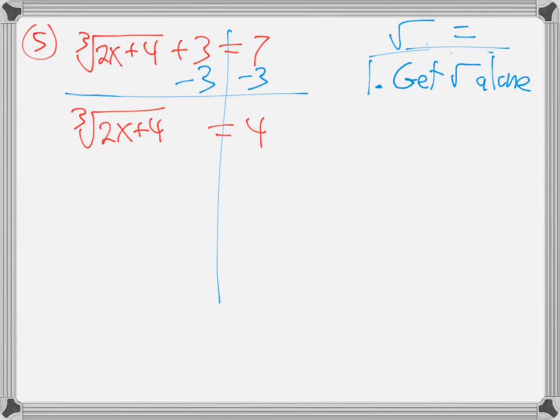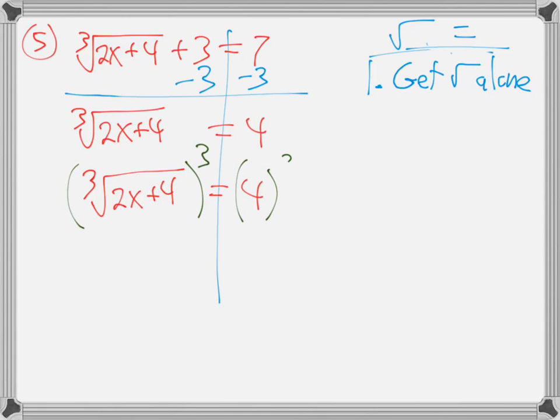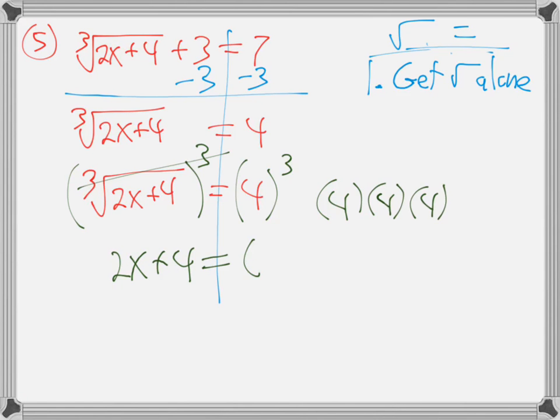Then what do you do from here? Now we're going to put the parentheses and the power on both sides. What power? Third, whatever's in the hook, huh? They cancel. They're opposites. So it just comes out, and 4 times 4 times 4 is the same thing it was a minute ago. 64, huh? And then, how do you finish getting x alone?